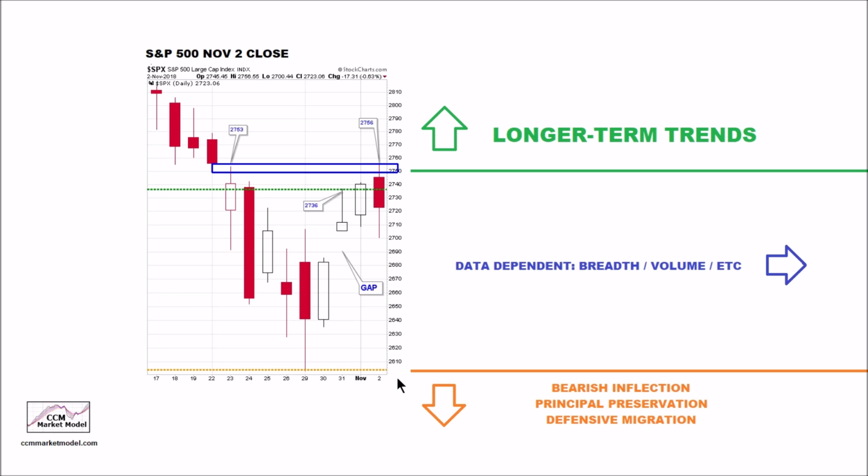And if we come down and make a lower low, which is still a possibility, and that could even be a retest situation, we have to keep an open mind that we're still near an inflection point that appears to be resolving itself in a bullish manner. But it's still a fluid situation.